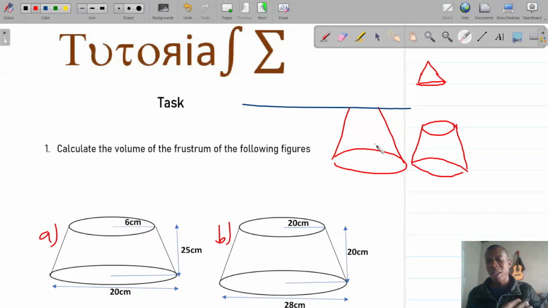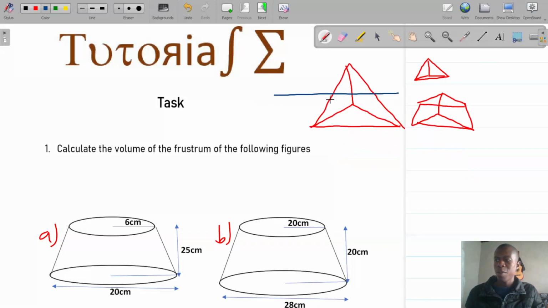So this applies to all types of frustum. If you are dealing with, say, a pyramid and you cut anywhere at a point, there'll be the top part and the bottom part.